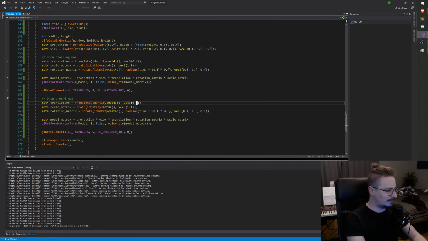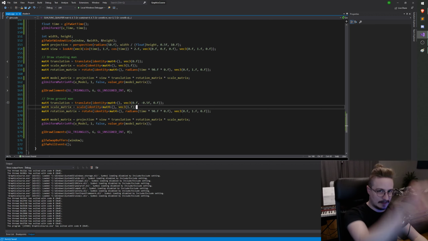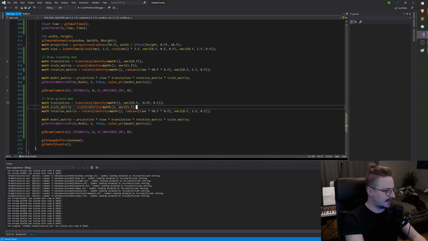So I am going to move him downwards a little bit. I'm going to move him down by 0.5 in the Y axis. Scaling by 1.5. Yeah, sure, why not? And then I'm going to rotate him 90 degrees just to make him flat instead of standing upright.